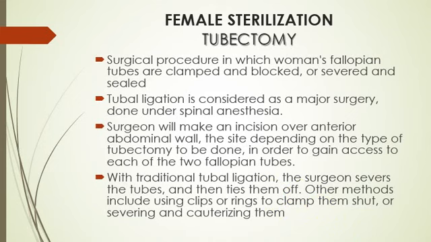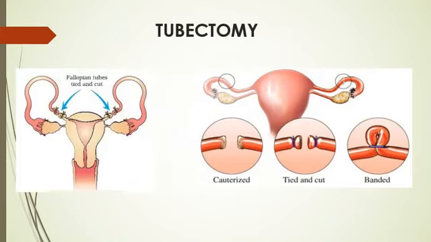In some way or the other, these tubes have to be separated, or there should be obstruction in these tubes. So here the fallopian tube is tied and cut. This one is cauterized and separated. And this is banded with some other material. The details will come later.